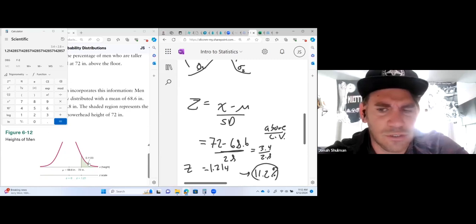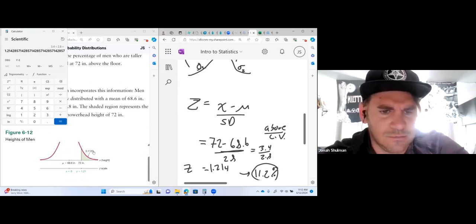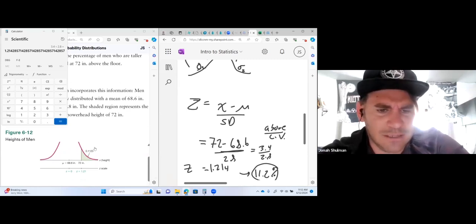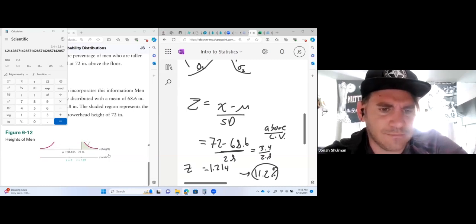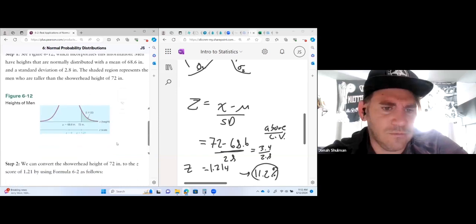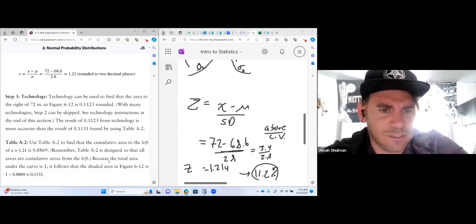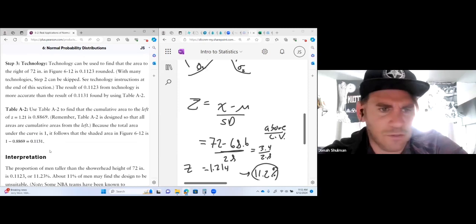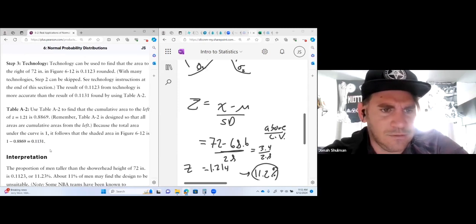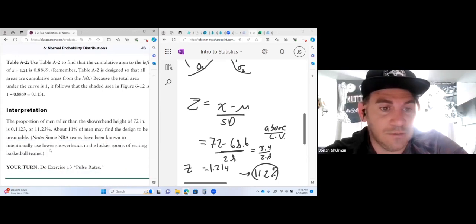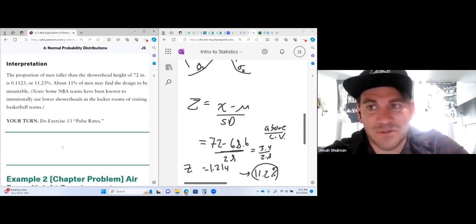Redrew the picture. 11.2%. I love it. And that's what we got. Okay, cool. 1.21. Use the technology. 0.113. Okay. I'll survive. 11.2, 11.3%. I'm over it. So about 11% won't be able to use the shower head.